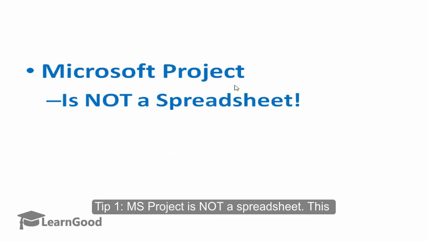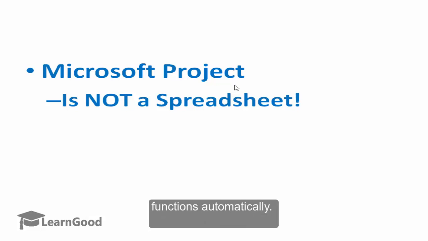Tip 1. Microsoft Project is not a spreadsheet. While this seems very obvious, it is important to set your expectations correctly at this point in time. A first look at the Gantt view will show the table part looks and behaves like Excel. And then you will quickly enough discover that Microsoft Project performs many scheduling functions automatically.